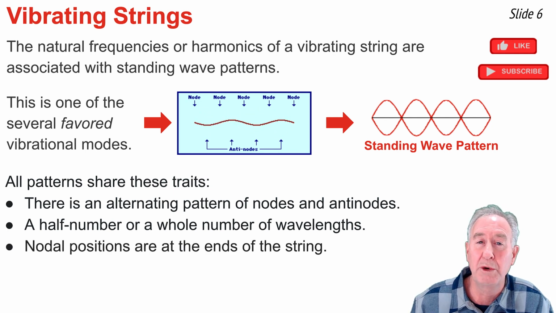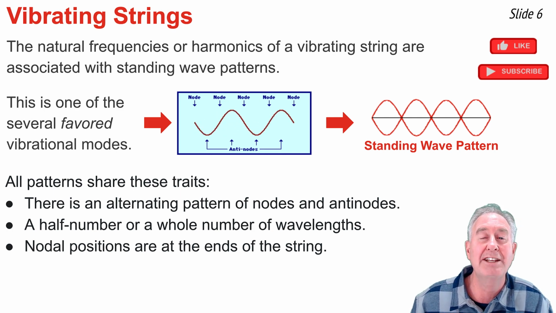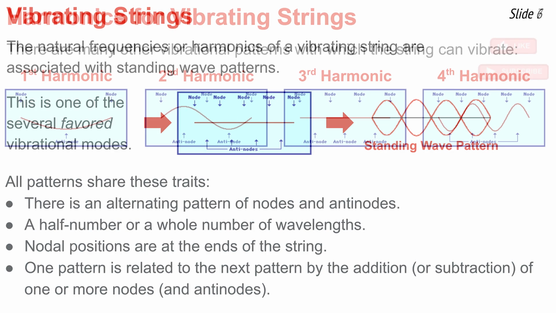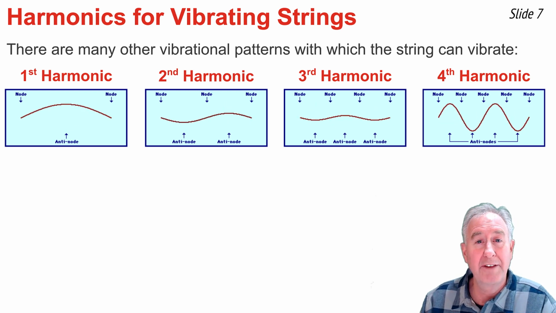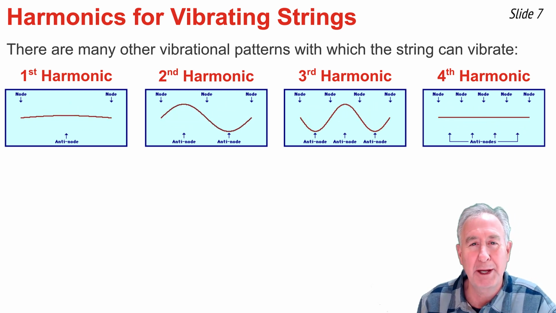Third, nodes are always located at the ends of the string because at those locations the string is clamped down and is unable to vibrate, thus forming nodes. And finally, one pattern is related to the next pattern by the addition or subtraction of a node and an antinode.